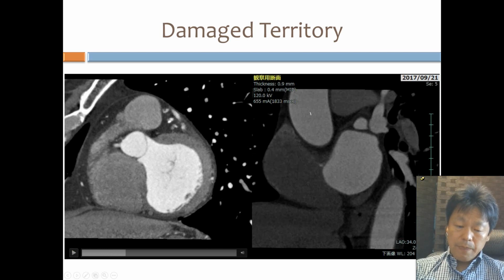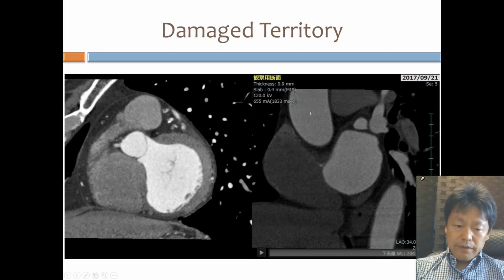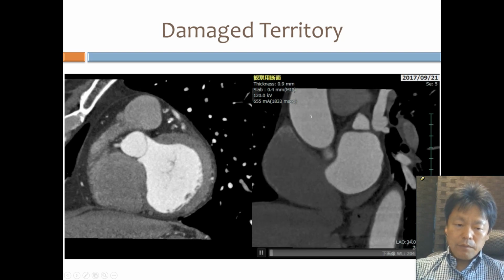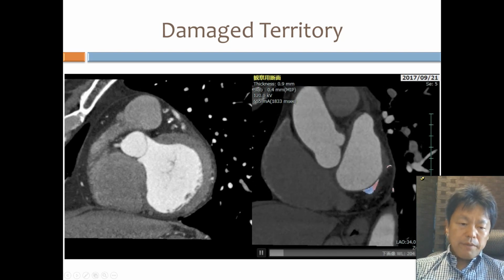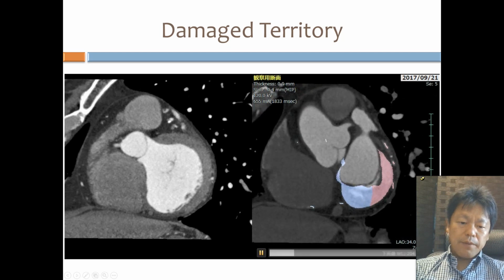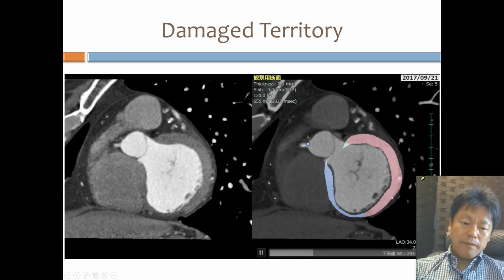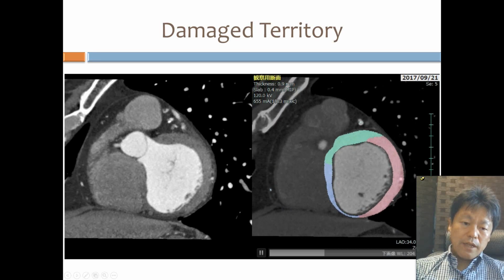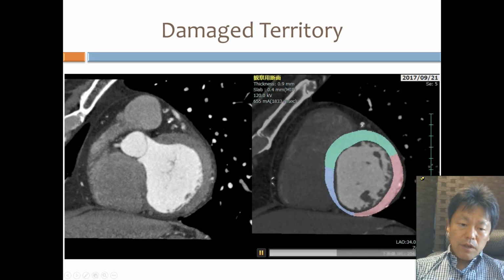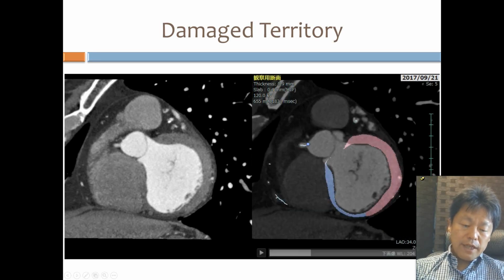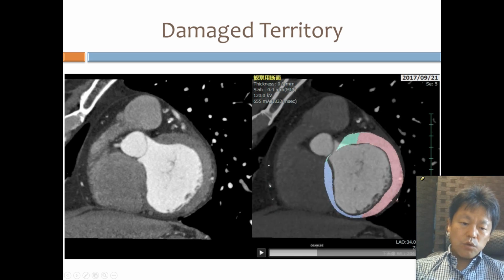Look here. Which coronary territory is this? Of course, the RCA, but we can be more sure with the MMAR assessment. This is the RCA segment, this is the circumflex segment, and this green is the LAD segment. Only the RCA segment has myocardial damage and thinning.